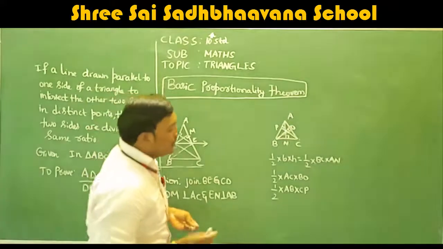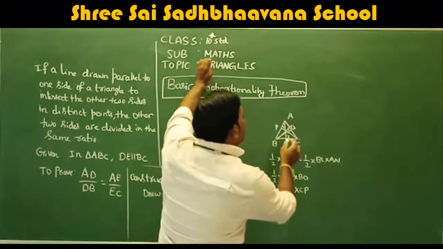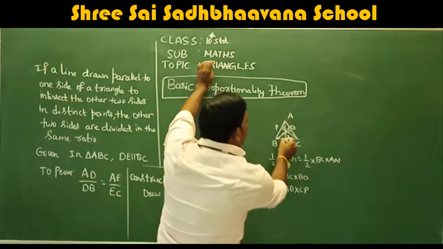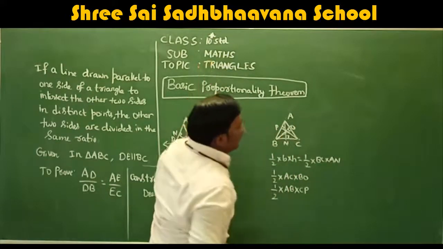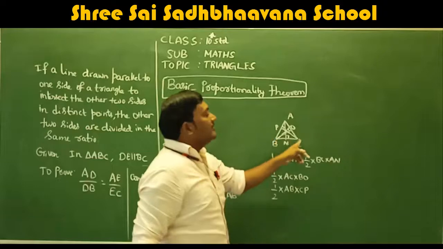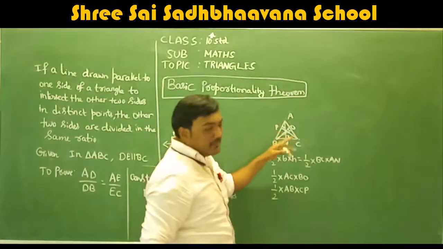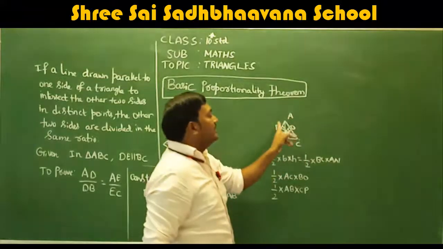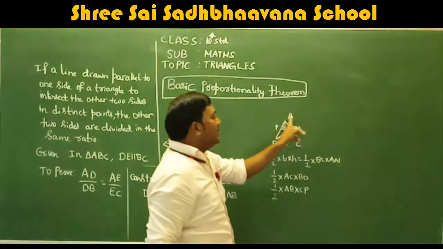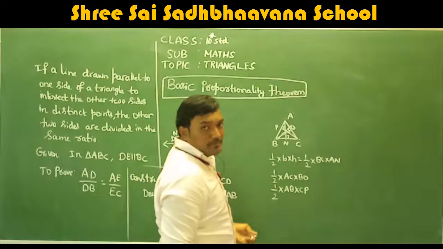You cannot take BN as the perpendicular for base AC, or similarly for base AB. You have to consider the perpendicular on that base itself. If I take BC, I should take AN as perpendicular. If I take AC, I should take BO. If I take AB, I should take CP.